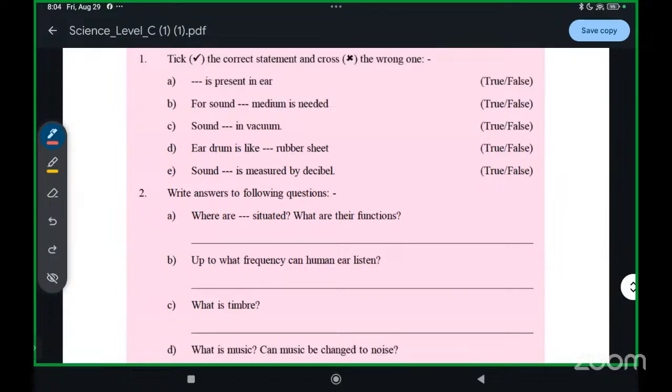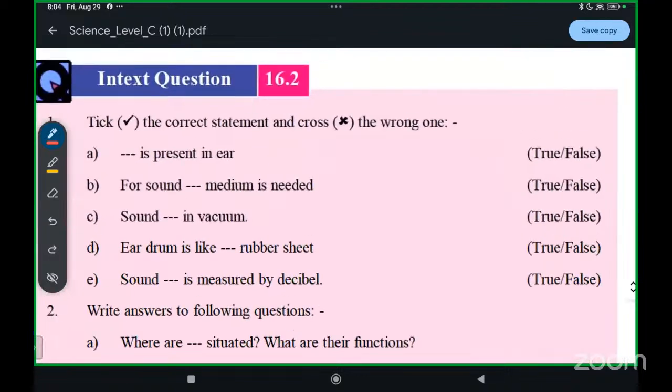Now, take the correct statement and cross the wrong one. Dash is present in ear. What is this? It's not even complete. Ma'am, how can we do this? We have to put an answer and then also say true or false.